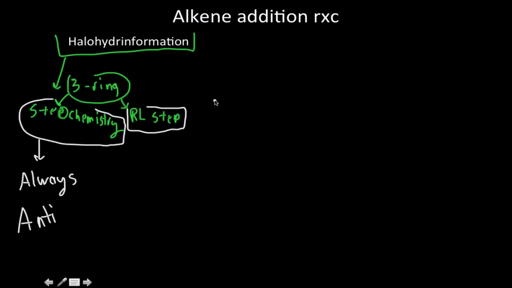But let's talk about some other weird things here. So in this reaction, because we have such a high concentration of water, chlorine is not our nucleophile. Cl is not a nucleophile. The nucleophile is H2O.